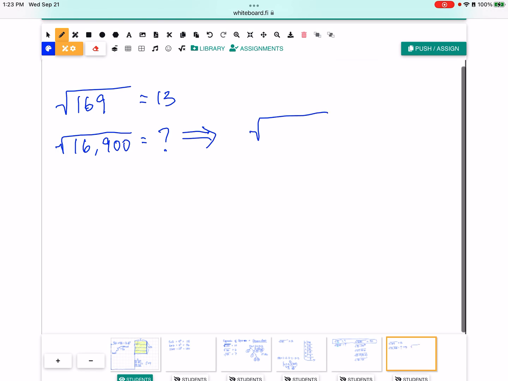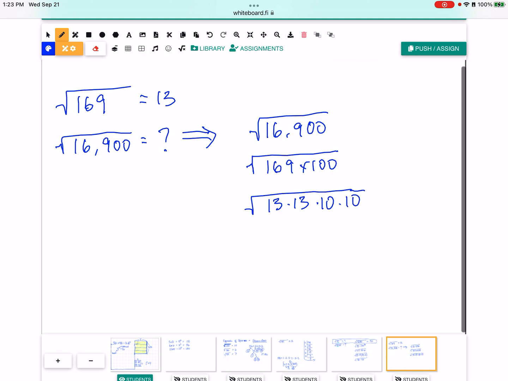The square root of 16,900 is the same as the square root of 169 times 100. And I know this is 13 times 13 times 10 times 10. Okay, everything under the radical.